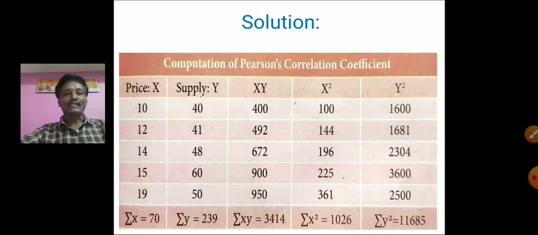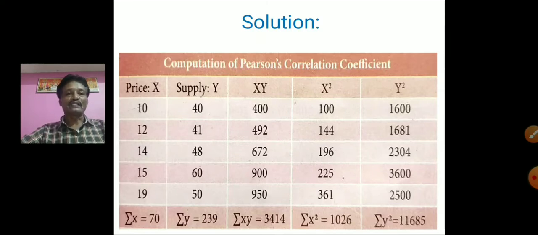Now you can take the total of all these values, that should be denoted by sigma xy, and here the total is equal to 3414. Okay. Now we have to take the x square value. So each and every x value you can take the square. 10 square 100, 12 square 144, 14 square 196, 15 square 225 and 19 square 361.